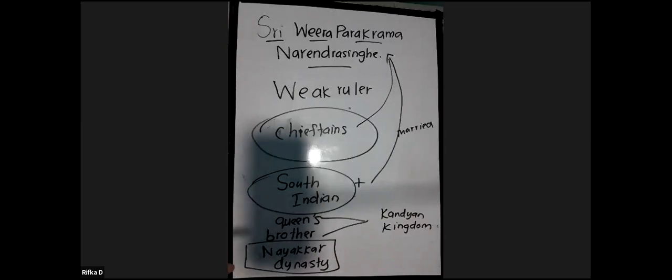So if you get a question, children, who is the last Sinhala king of the Kandyan kingdom, whom you have to answer? Shri Veera Parakrama Narendra Singha. Okay, children?